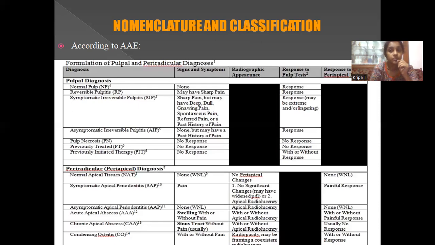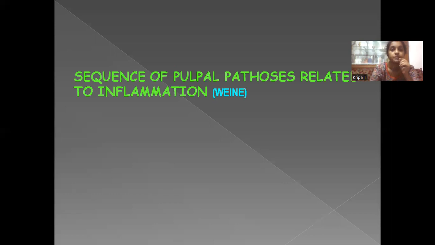Usually there is a definite periapical radiolucency and the tooth will not respond to percussion, as there is a leeway for the infection to come out, which is the sinus tract. Condensing osteitis: the patient will be with or without pain. You can see a definite radiopacity associated with the root apex. The response to percussion will sometimes be positive, at times negative.